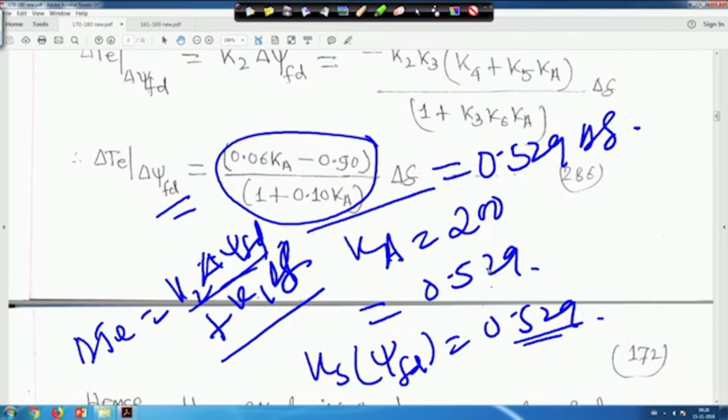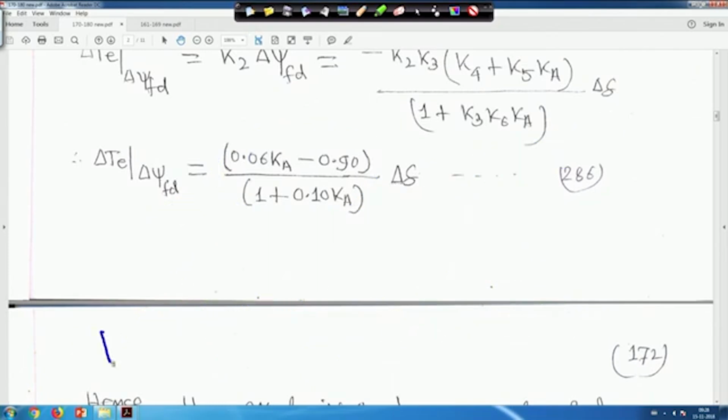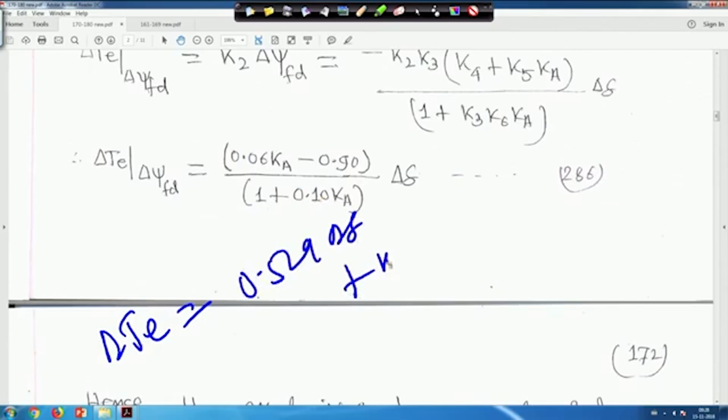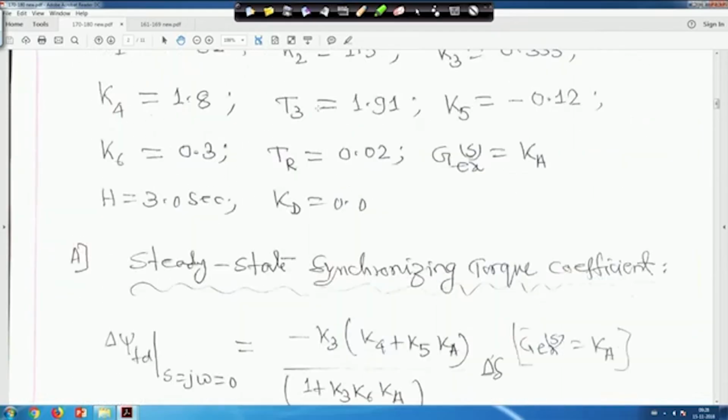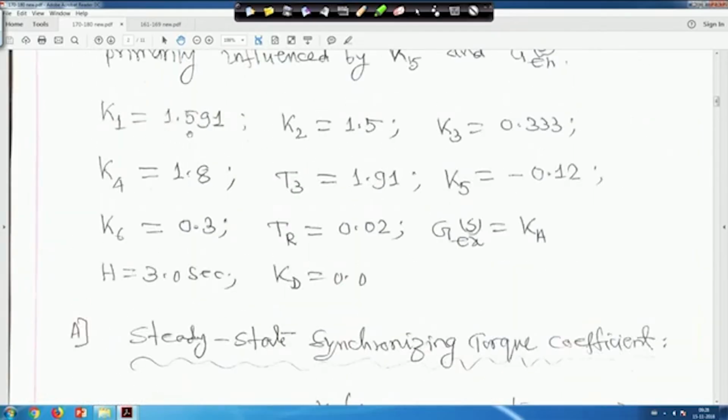So, basically let me clear it. Your delta Te is equal to this term 0.529 delta delta plus K1 delta delta, right. Now, the question is that the K1 value is given, let me go back to this, K1 is given as 1.591, right.